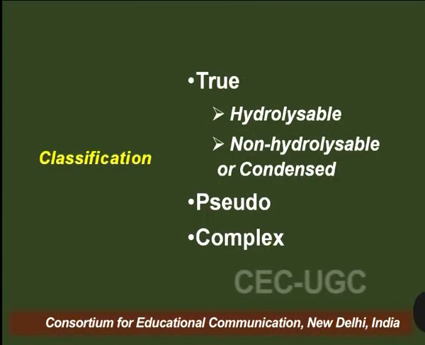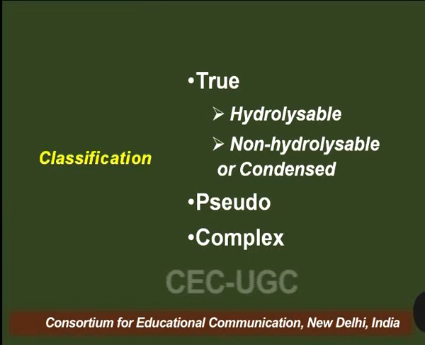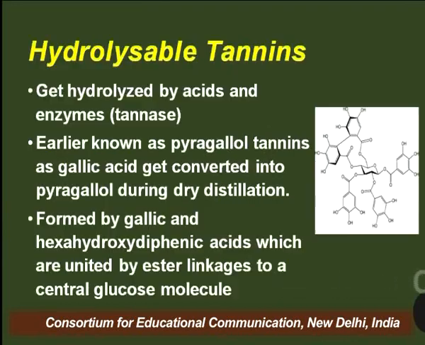Now coming on to the classification of these secondary metabolites, they are classified into true tannins, pseudotannins and complex tannins. Now true tannins are further categorized into hydrolyzable and non-hydrolyzable or the condensed tannins. Hydrolyzable tannins, as their name indicates, have a tendency to get hydrolyzed whenever they are treated with an acid or an enzyme.